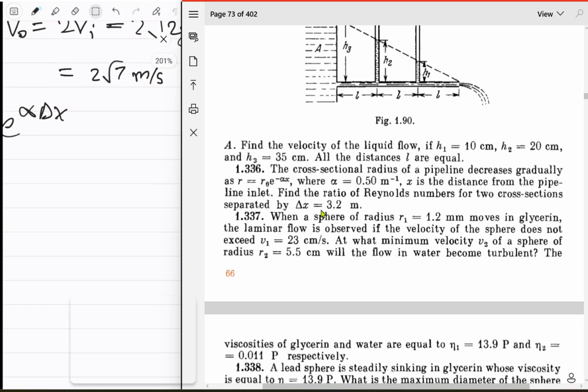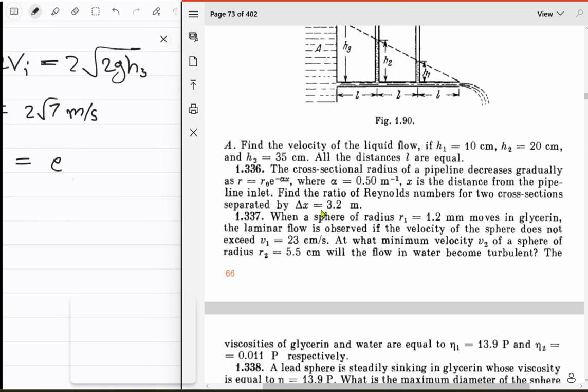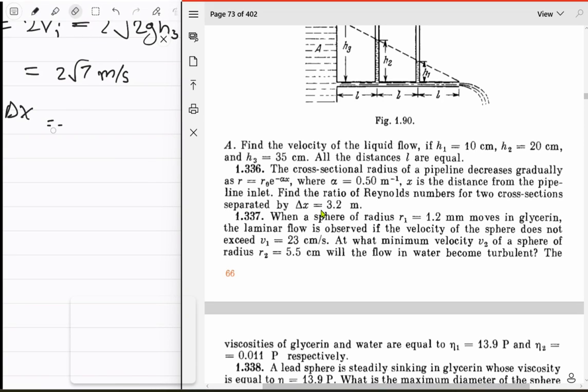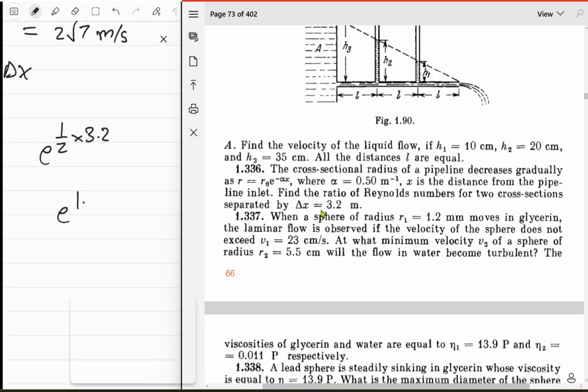Which is what? e power, what's alpha? Alpha is 0.5, just 1 upon 2. Let's just calculate this right now. It's e power 1 upon 2 times delta x is 3.2 meters. So this is e power 1.6. Have I seen this before? 1.6.